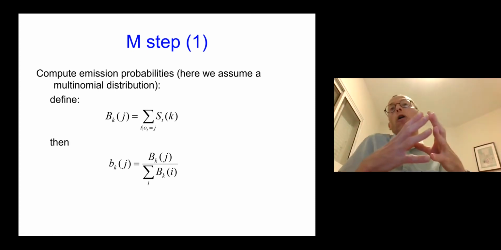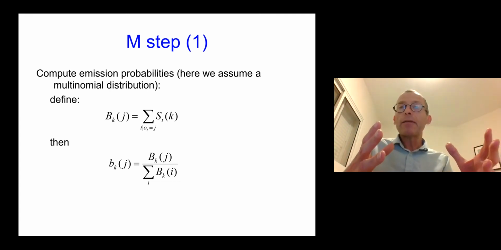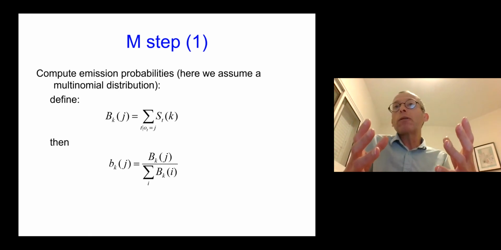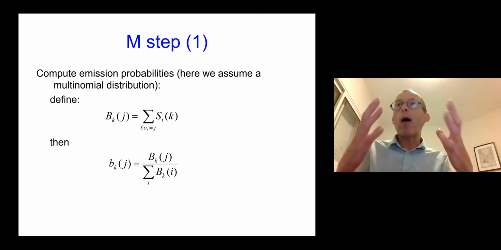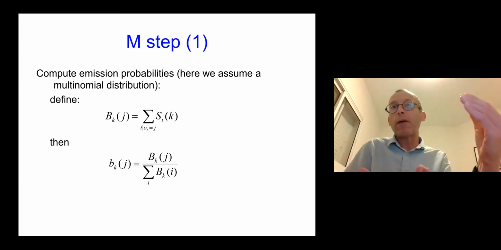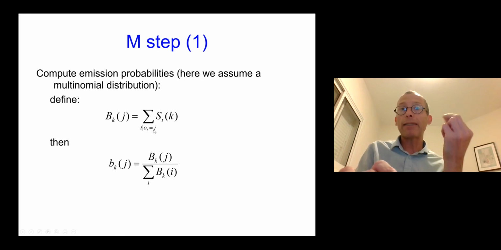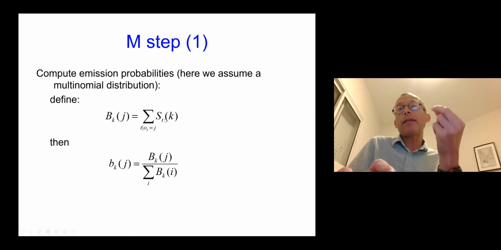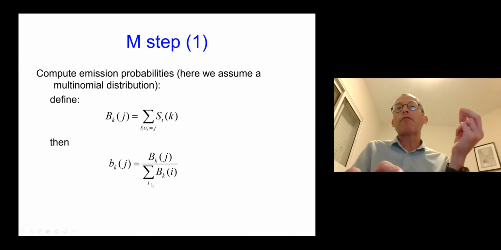I go into all the observations where I have 1, and for each one I know the probability that I'm in A. Then I divide by all the times I've been in state A.